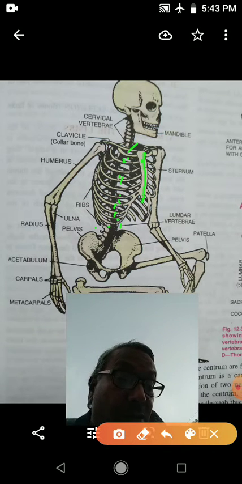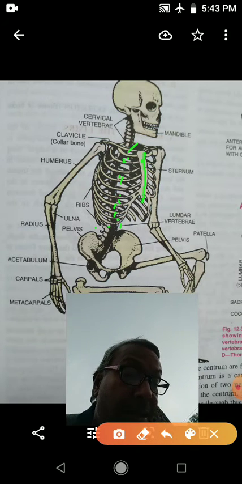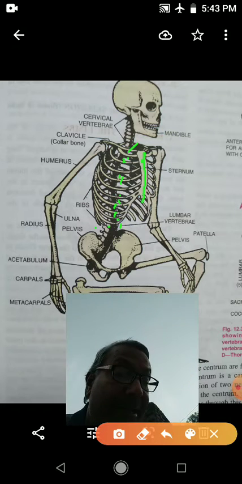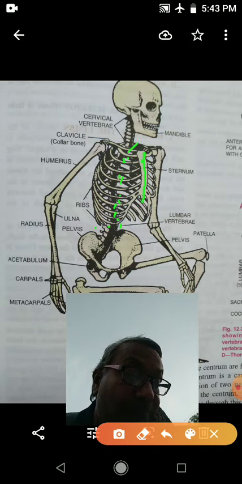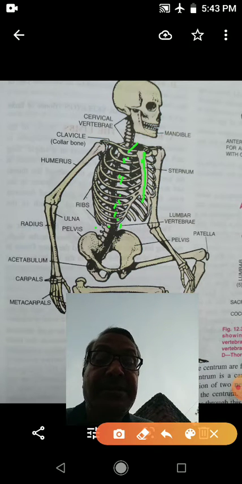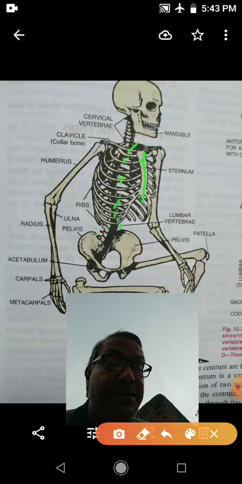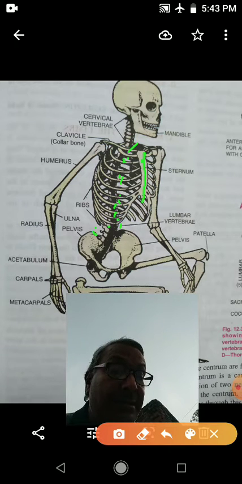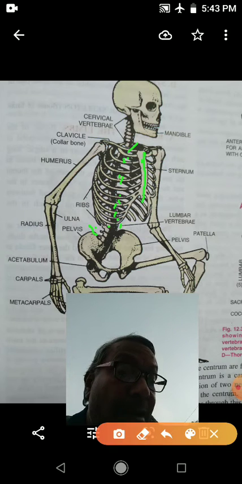So in that, the first 1 to 7 pairs of ribs are the true ribs. The 8th, 9th and 10th ribs do not articulate directly to the sternum. So they are known as false ribs. After that, the last ribs, that is the 11th and 12th pairs, are not attached to the sternum and they are known as floating ribs.